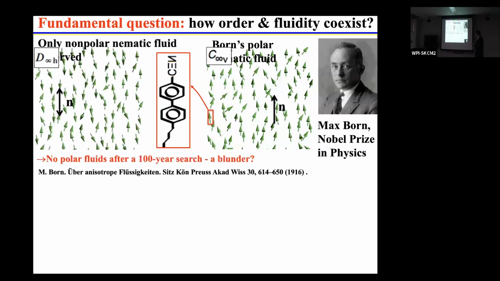However, in the phases that people studied for over 100 years since his time, this was his paper, right? They could only find the phases where these molecular dipoles would point in antiparallel directions.